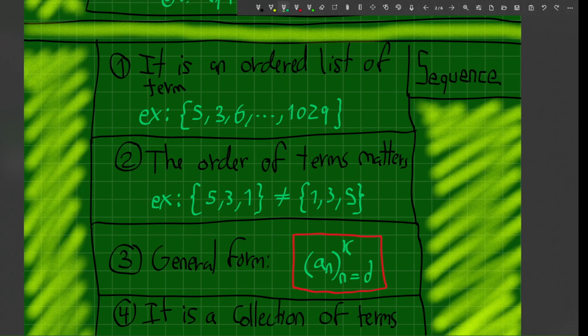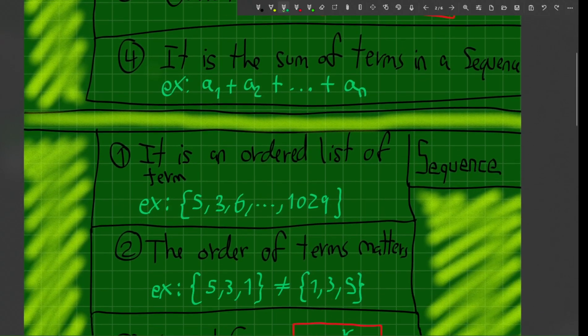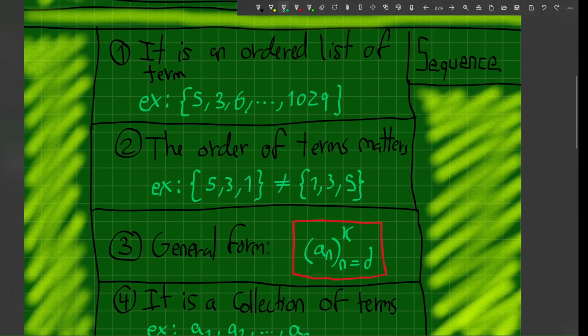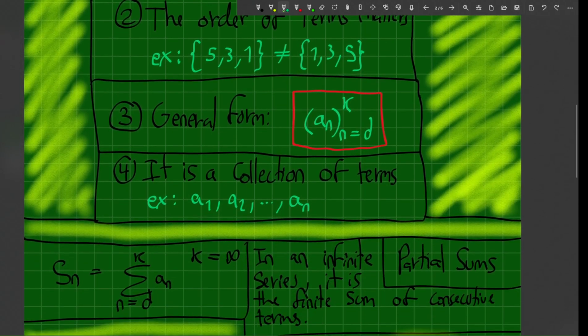If they don't correspond, then the objects cannot be equivalent, and thus the order matters. And sequences are important because we correlate a lot of information regarding series with sequences, as we will see.